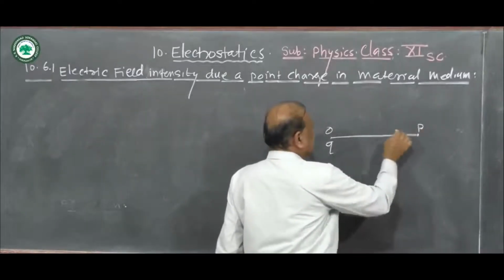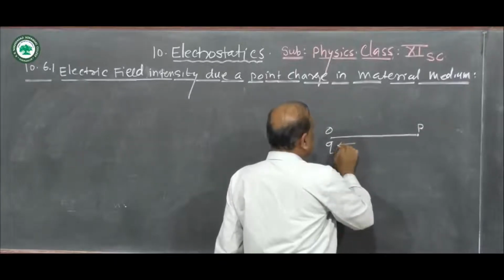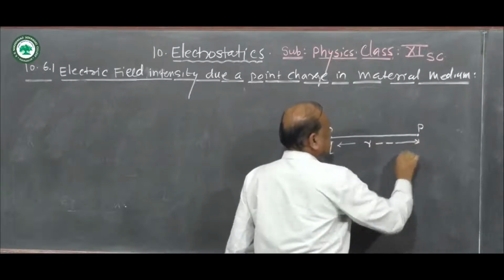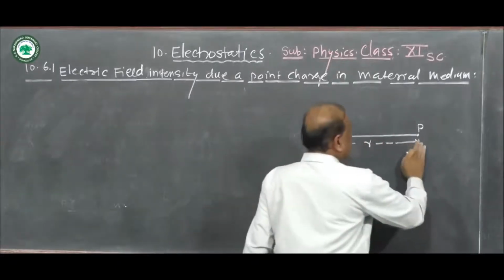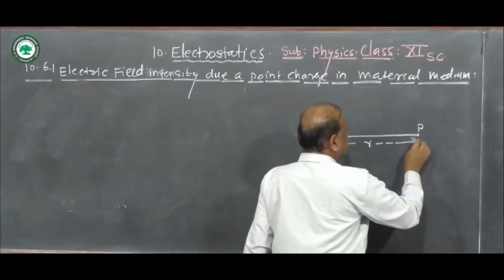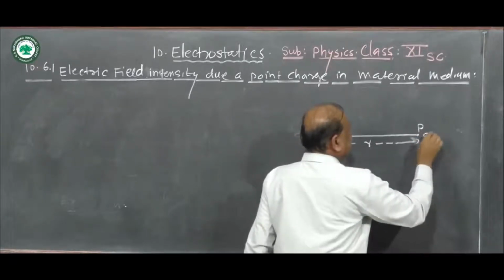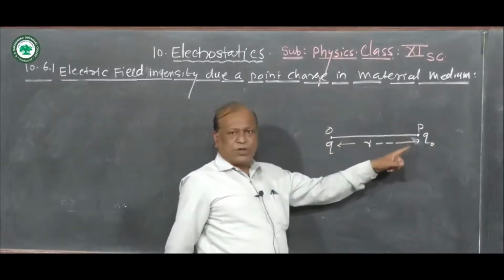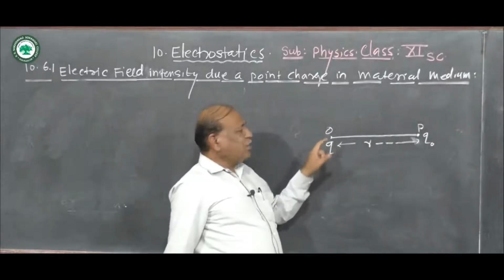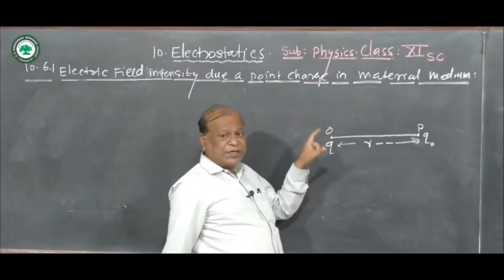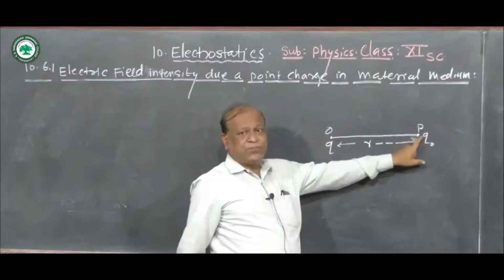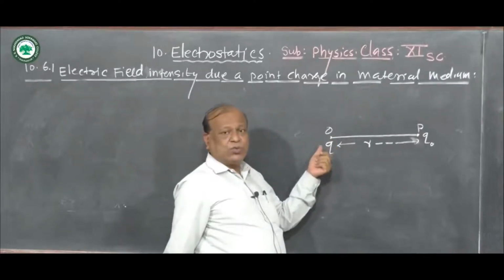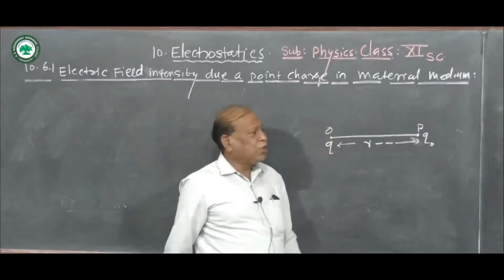Now the distance of this point from O is R, means distance OP is equal to R, and now for simplicity we consider another charge, that is Q0, which is situated at point P, and now we have to find the electric field intensity at point P due to this point charge Q which is situated at point O.